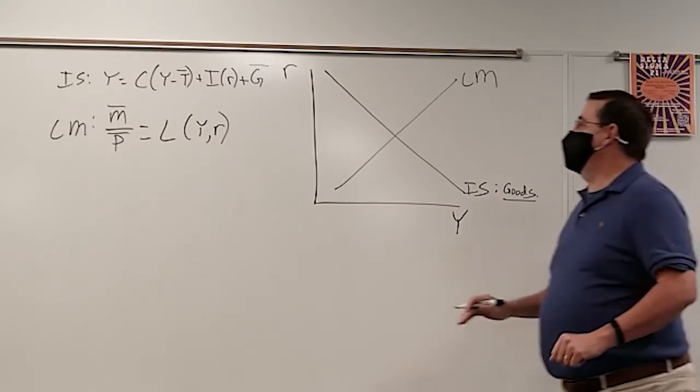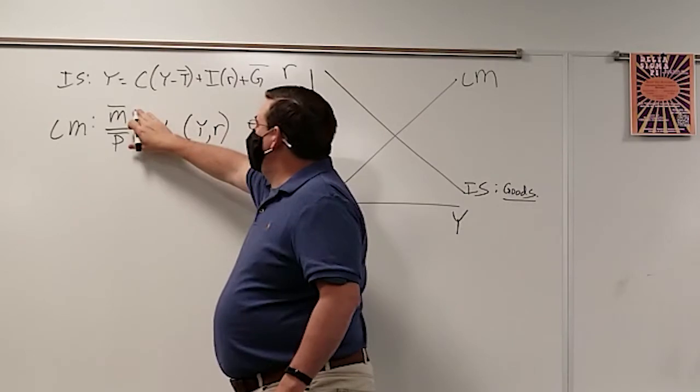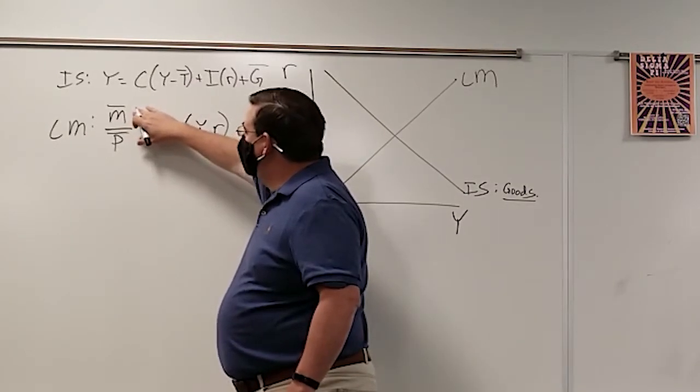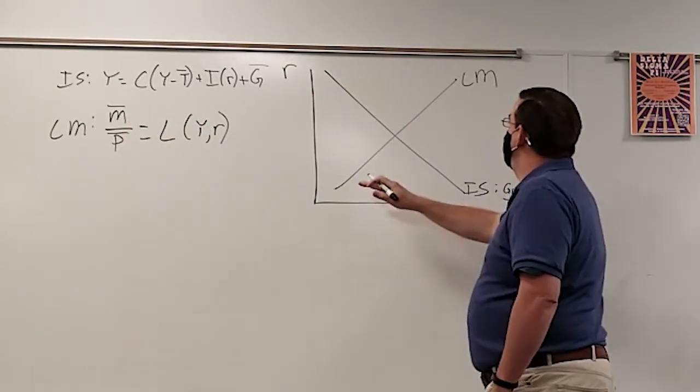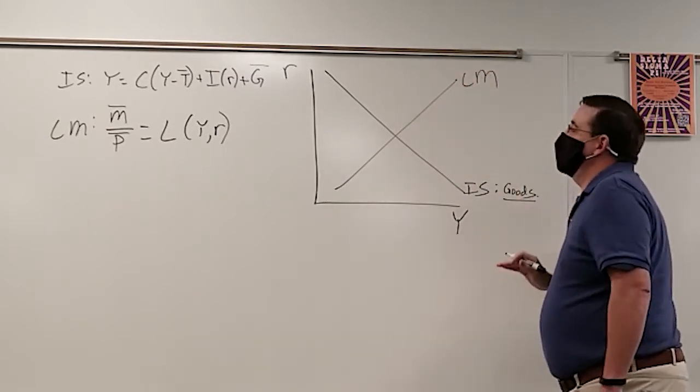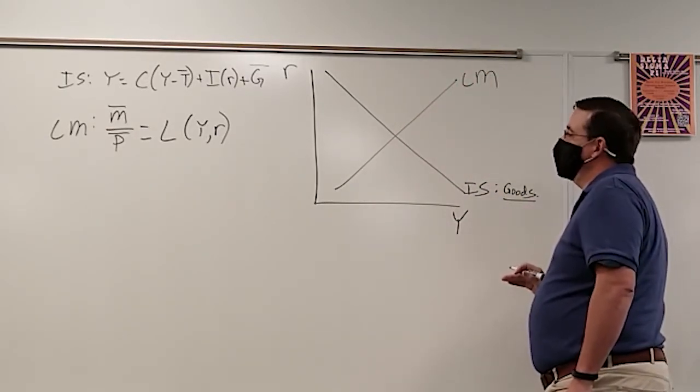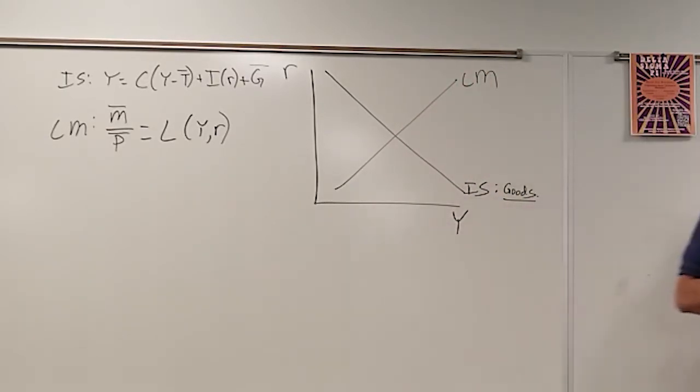So if the quantity of money increases, we don't move along our LM curve. If the quantity of money increases, how would that affect this graph?